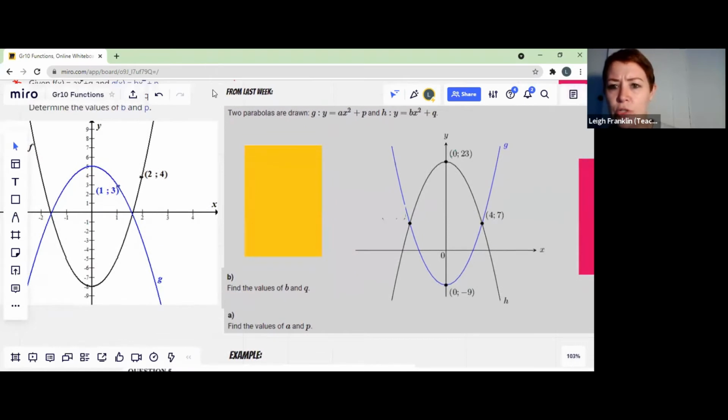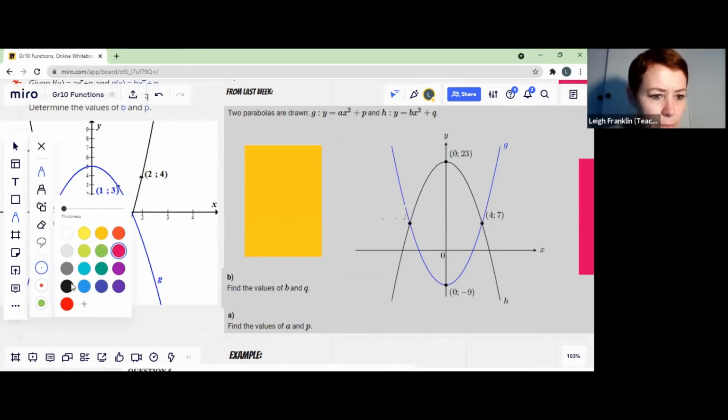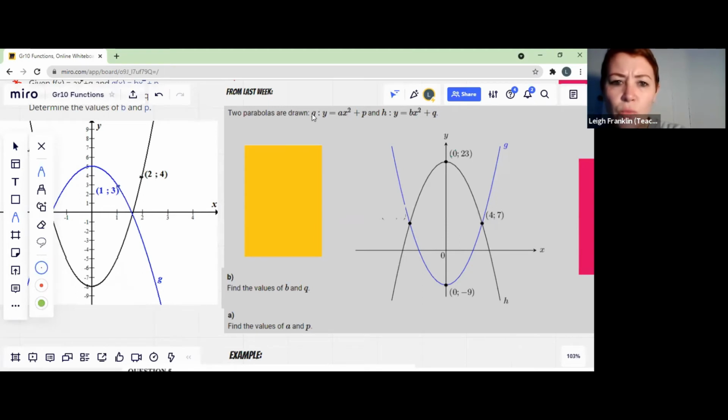Okay, all right. So from last week, do you recall that what we were trying to do is find the equation of the function? So this function over here, don't worry about the way in which this is written. It means exactly the same as f of x, g of x.